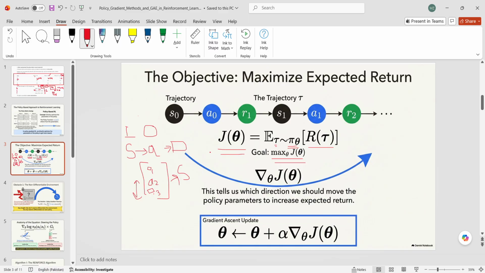If we are trying to minimize or maximize a given objective function, then we need to calculate the gradient of that function, and it is represented as the gradient of J with respect to parameters theta. Now if we calculate the gradient of an objective function, then we need to update the weights using this gradient. So the gradient ascent formula is represented here.